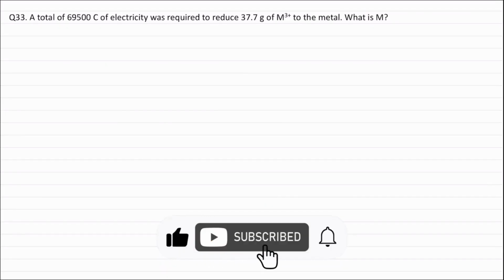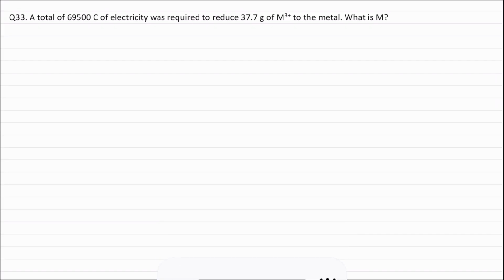Question 33. A total of 69,500 coulomb of electricity was required to reduce 37.7 gram of M3+ to the metal. What is M? Now to change M3+ ion to metal M, 3 moles of electrons will be accepted by M3+ ion. 96500 coulomb deposits one equivalent of substance.